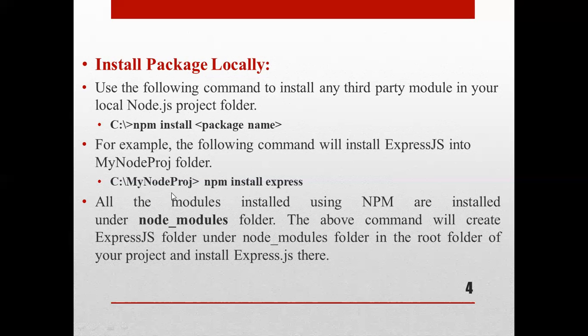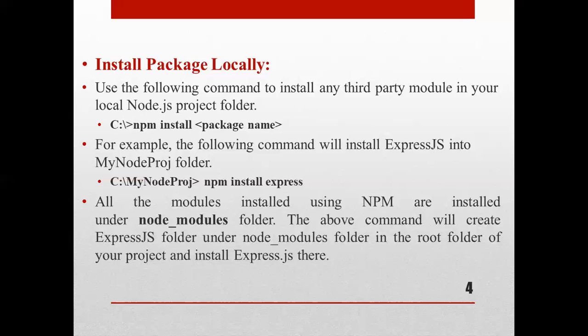All the modules installed using npm are installed under the node_modules folder. If you have installed Node.js in your system, then you can see this node_modules folder in your C drive, in Program Files, then nodejs, then the npm folder, and in npm the node_modules folder is there.